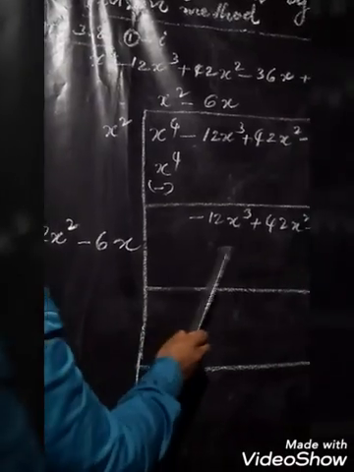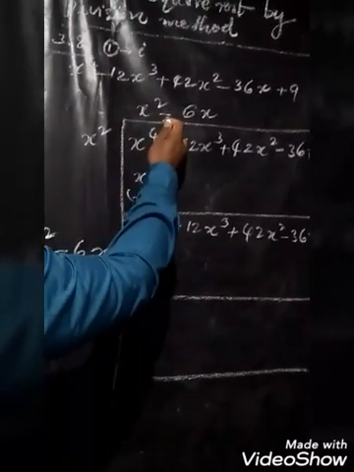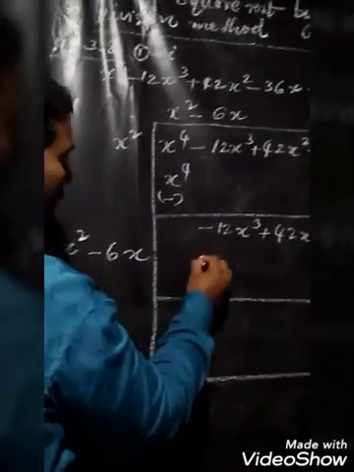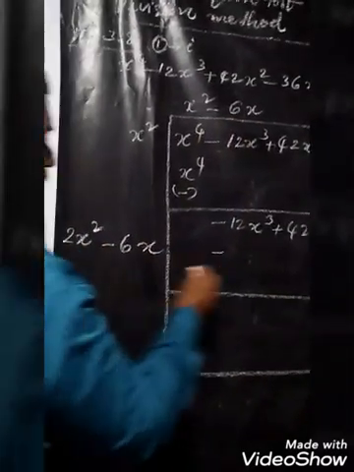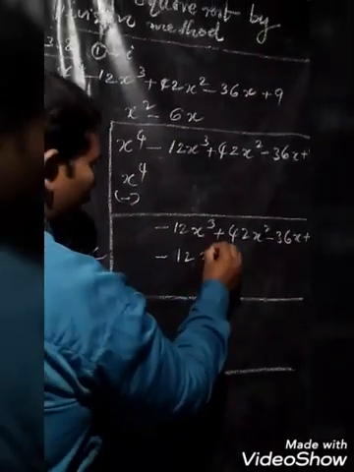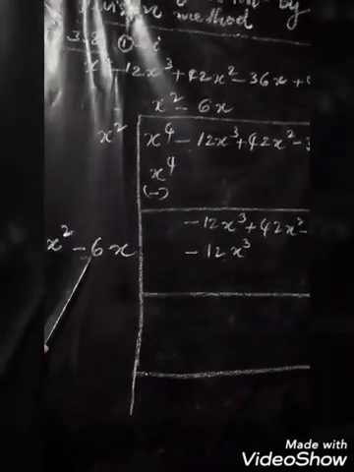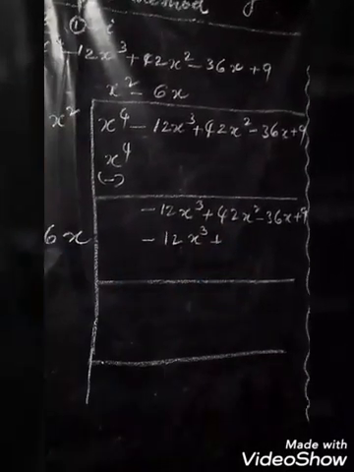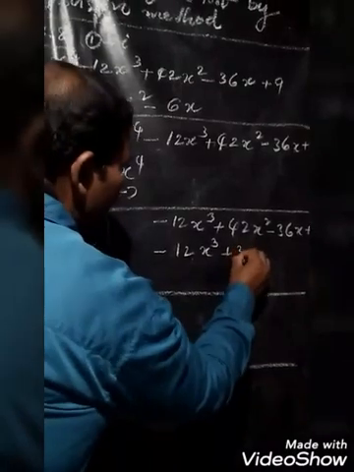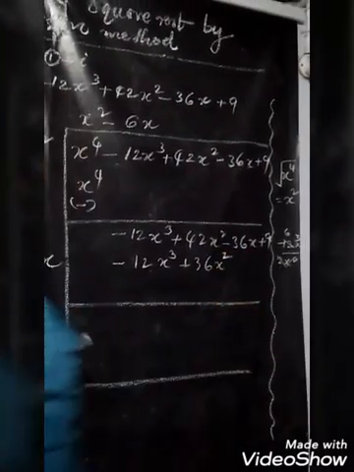Write the result under these two terms. Minus into plus gives minus; 6 into 2 is 12, x into x square is x cube. Then the second term: minus into minus is plus; 6 into 6 is 36, x into x is x square.